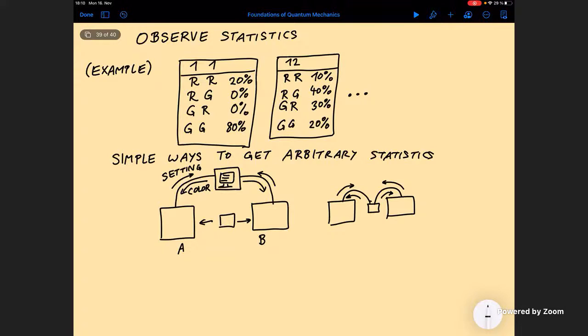And maybe you don't even need the box in the middle, actually. You could also have a situation where you directly wire up the two boxes, and only one of the boxes sends its setting to the other one, which of course knows its own setting anyway, calculates things properly by looking up in the table, produces a color combination and sends back the color that should light up into the first box.